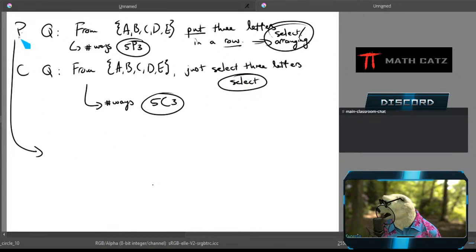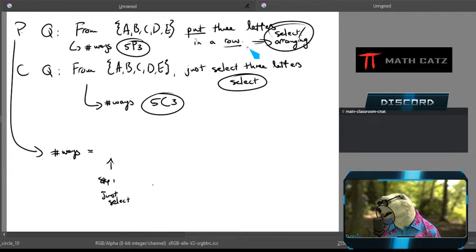So now I'm answering the permutation question, and I can say, look, instead of really thinking of the practical action that I'm doing here, let's just conceptualize this in 2 steps. Step 1 will be just select the 3 things.